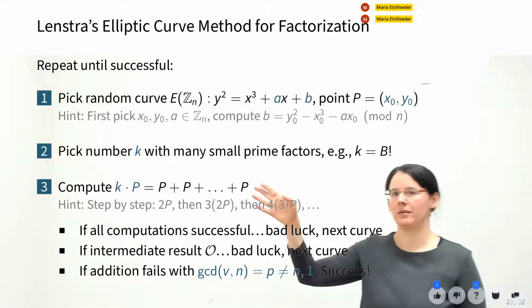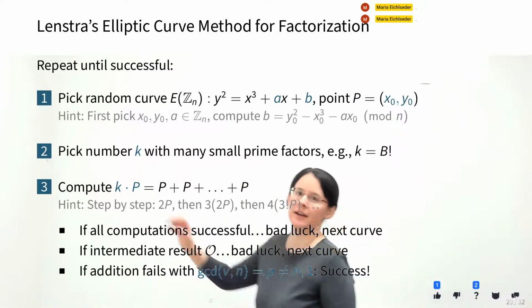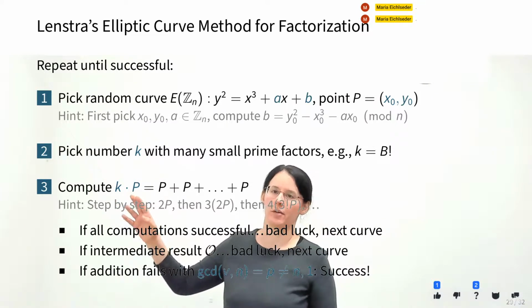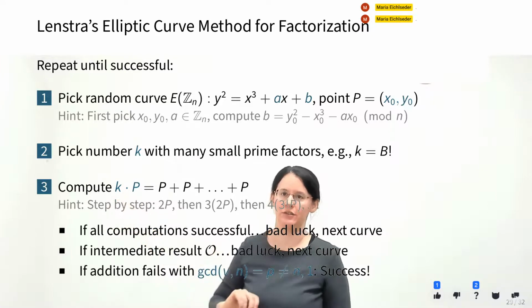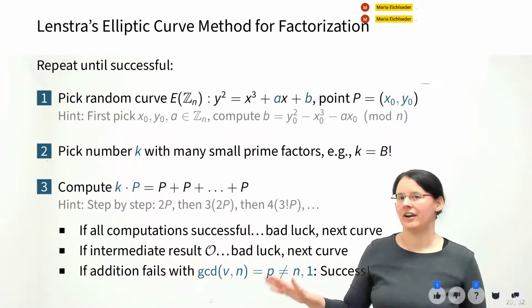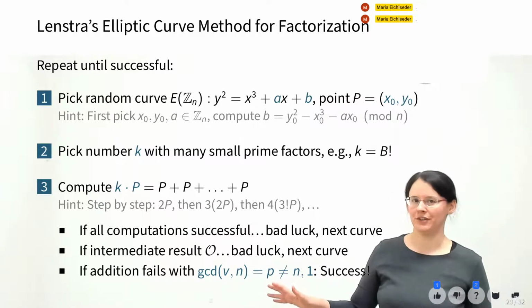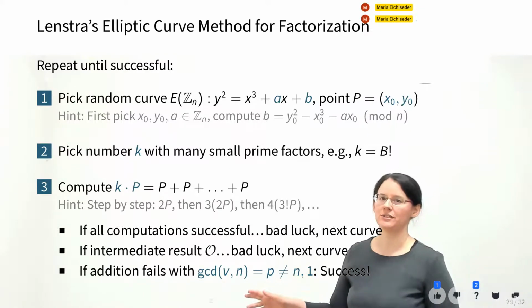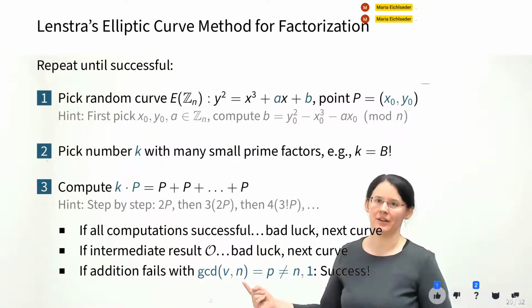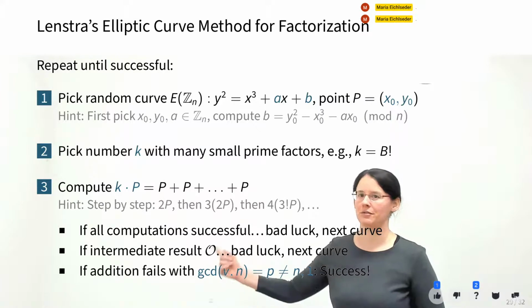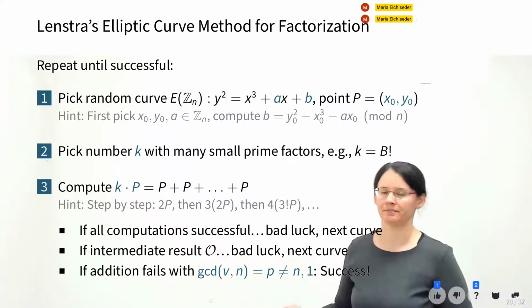And then I do my computation with this large number. In the previous case, we had a to the power of k. Now we take our point times k because we're in an additive group. And I keep happily computing until I run into one of these uncomputable operations, which resulted because I tried to do something modulo a number that was not prime, which means the corresponding elliptic curve thing isn't actually an elliptic curve group, because some of the computations just don't work.